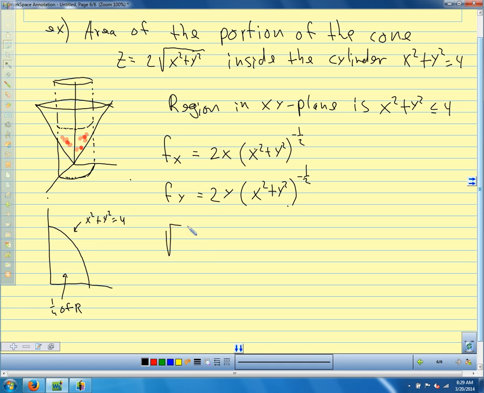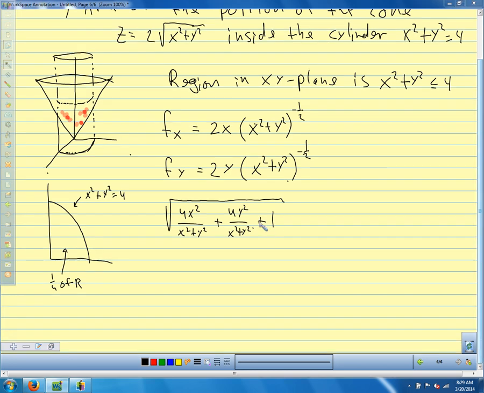So we're going to have the square root of 4x squared over x squared plus y squared plus 4y squared over x squared plus y squared when we square each of these, plus 1. Now we need a common denominator to add all of these together. Let's simplify this before we put it into our integral. So my common denominator is x squared plus y squared.